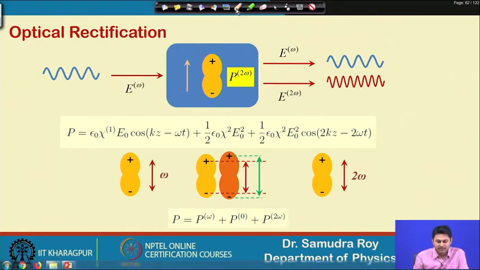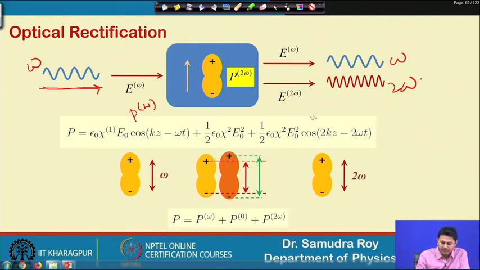This figure was already used in earlier lectures: if I have a launching wave with a frequency omega, we should have a frequency omega and 2 omega, and that means the polarization should have a frequency component omega, a frequency component 2 omega, and also a zero or null frequency component, which we write as P0. This is the equation I am talking about.